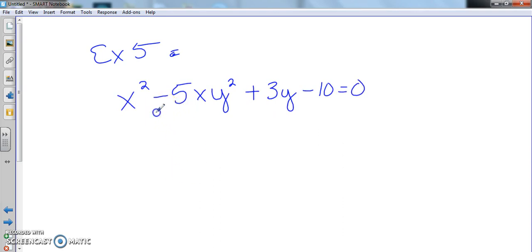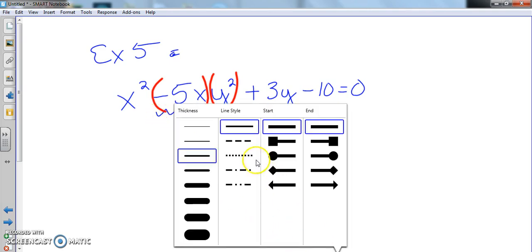I'm going to go ahead and tell you, here's where you want to be very careful because this will require the product rule. Let me change colors. And if I trim that down, you can hopefully see the product rule.